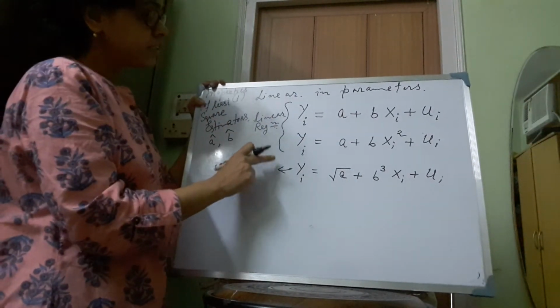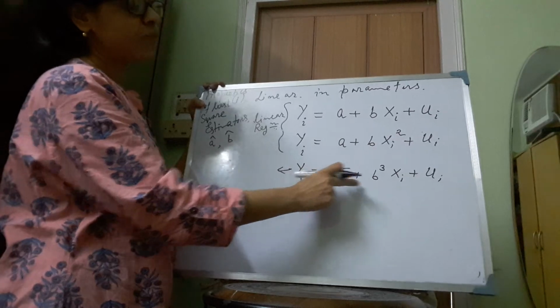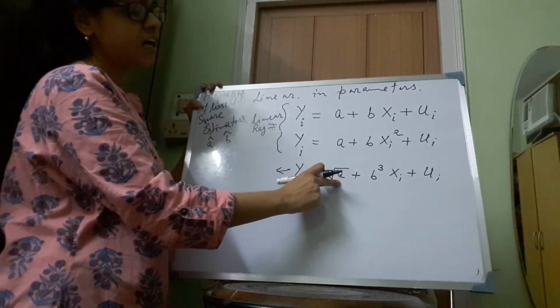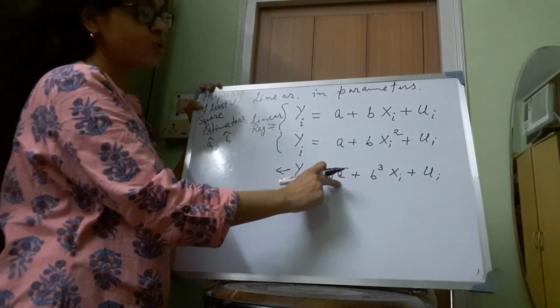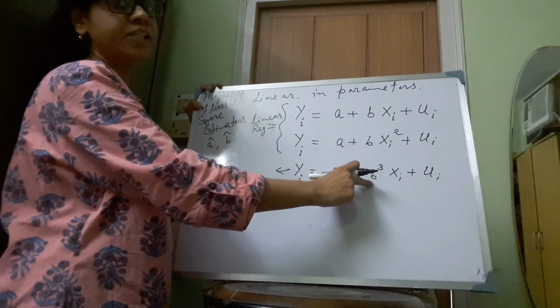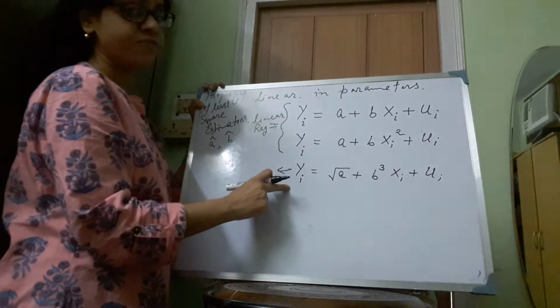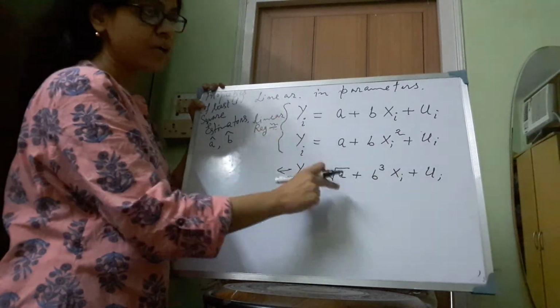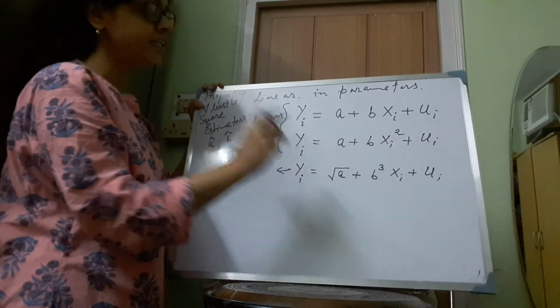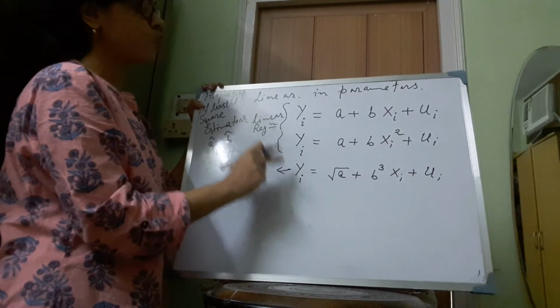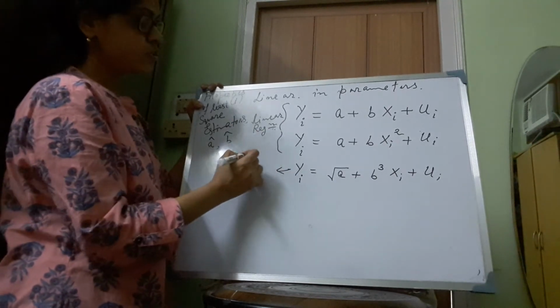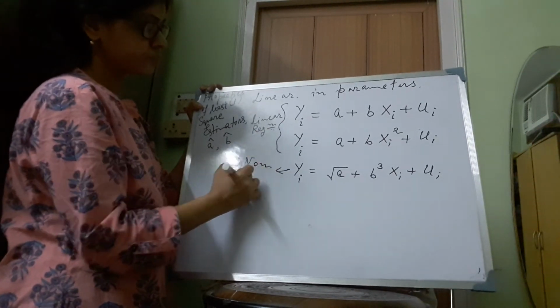But in the third equation the parameters are not linear. The parameters are, here the parameter is root over A and here the parameter is B cube. So this is not linear, but the variables are linear, xi is linear, yi is linear. But since the parameters are non-linear here, we can say that this is not a linear regression equation. So therefore this is non-linear.